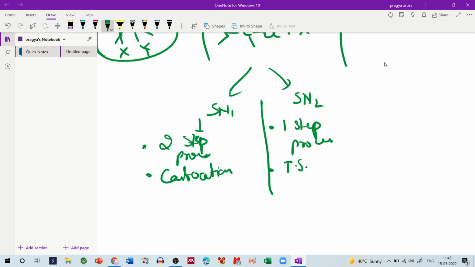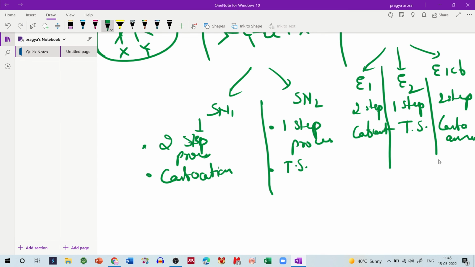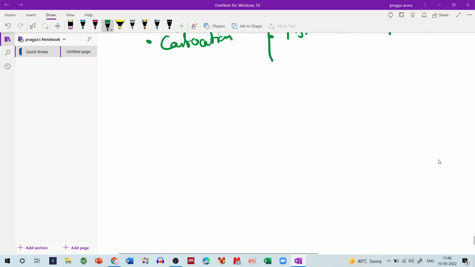In the case of elimination reaction, we discussed that it could be of three types: E1, E2, and E1cB. E1 is a two-step process. E2 is a one-step process. E1cB is also a two-step process. Here carbocation generates. Here the transition state forms. Here carbanion forms. So we have discussed all this in brief.